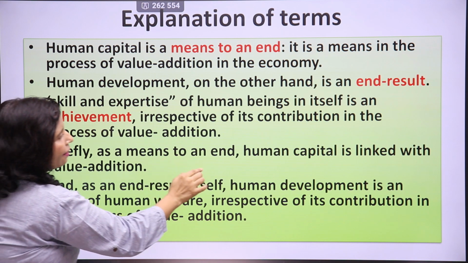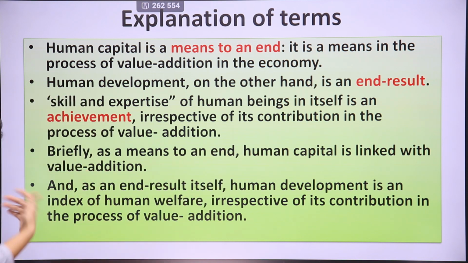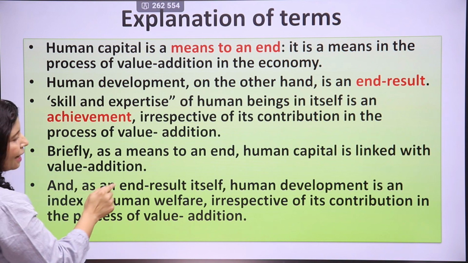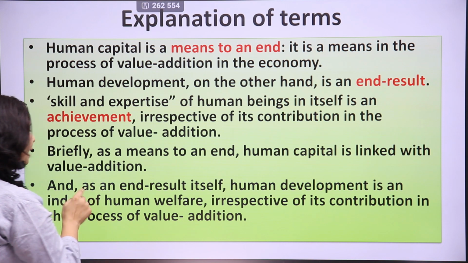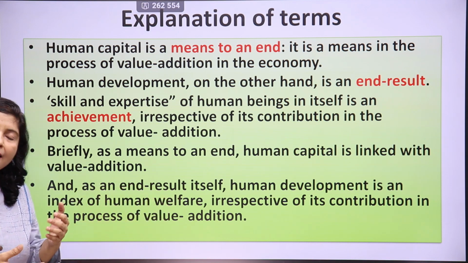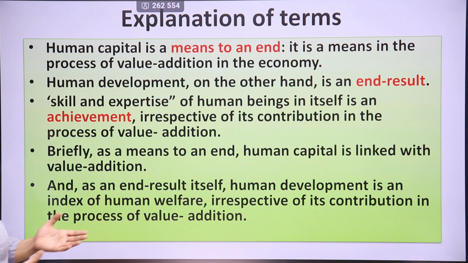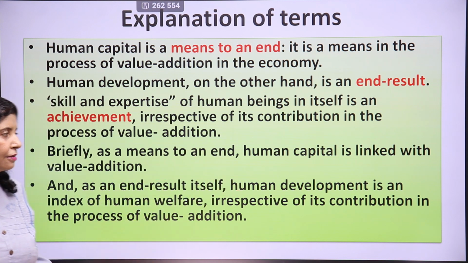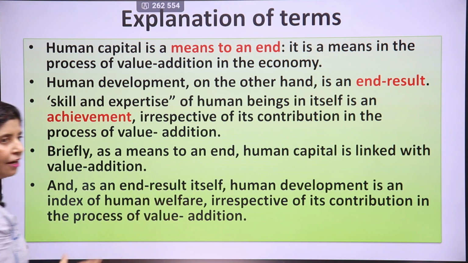Briefly, as a means to an end, human capital is linked with value addition. Then, as an end result itself, human development is an index of human welfare. When development of human beings occurs, when they get skilled, when they get more educated and acquire more skills and expertise, that is their human development. Development of them occurs. That means it is human development and it is the index of human welfare. Why?